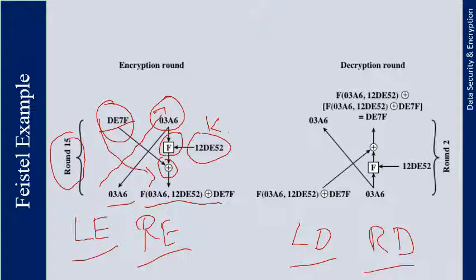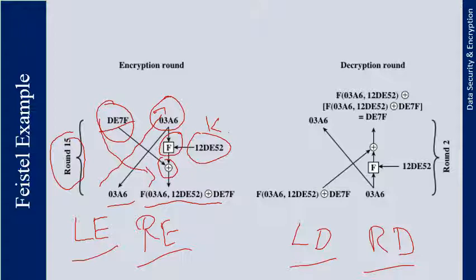As we have stated earlier, for any round, such as if you're using round 1 in encryption, that will be round 16 in the decryption. Any last round in the encryption is the first round in the decryption.